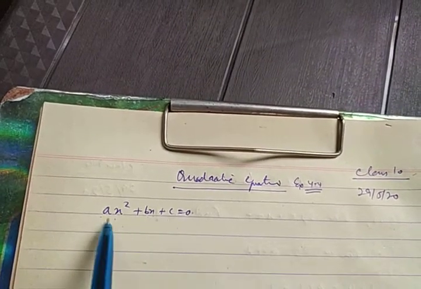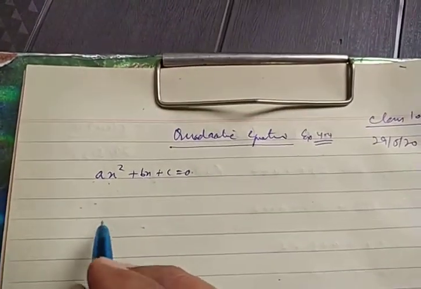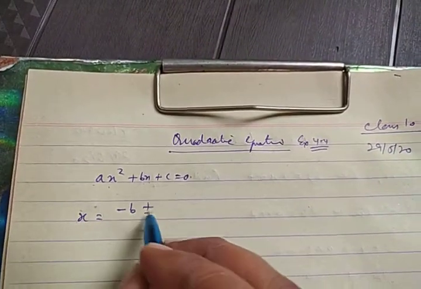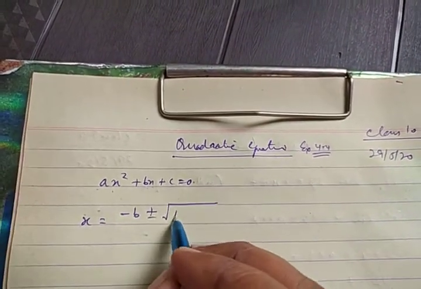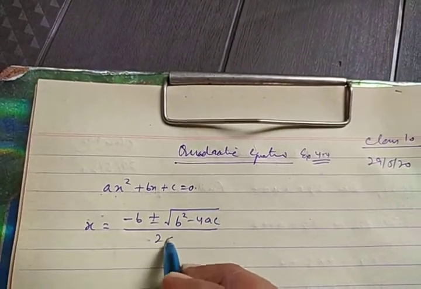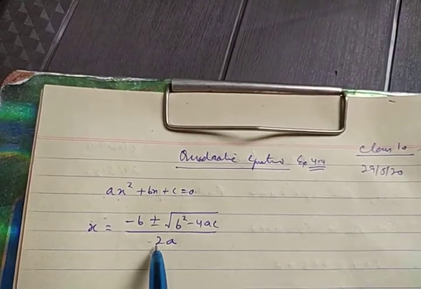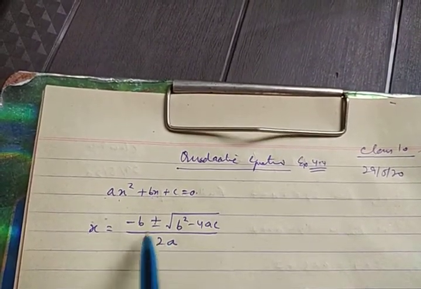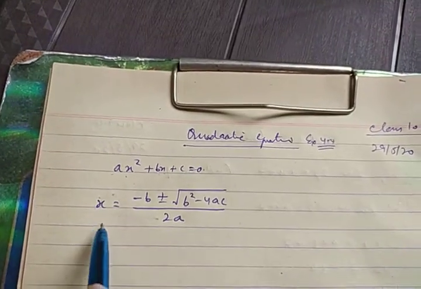If the equation is in this format, then we have a formula: x is equal to minus b plus minus under root b square minus 4ac upon 2a. By using this formula, we can obtain the values of the given equation.